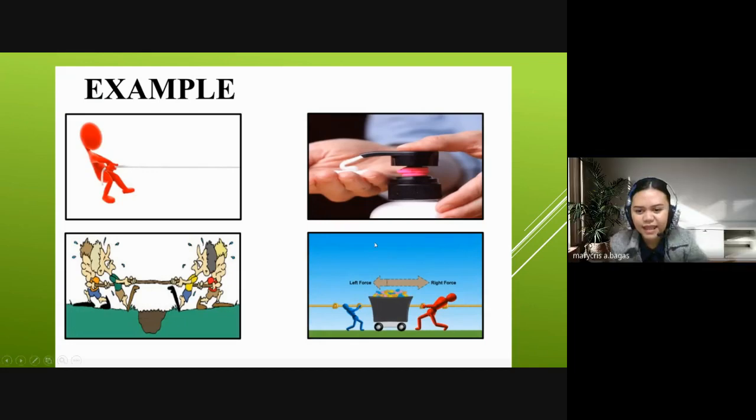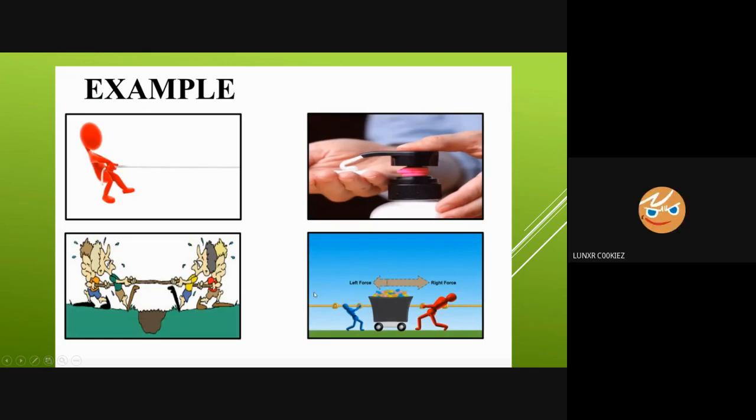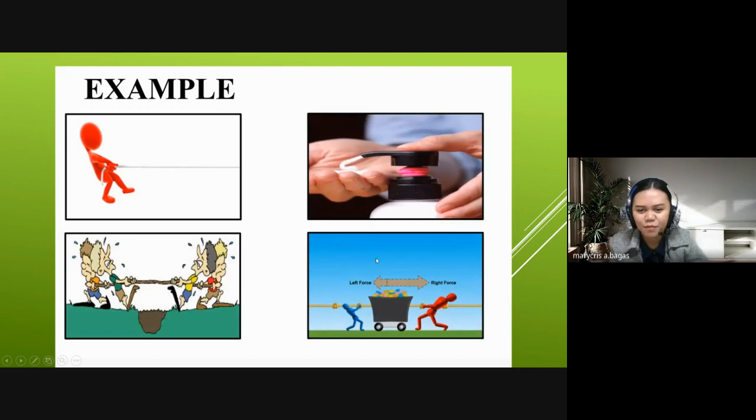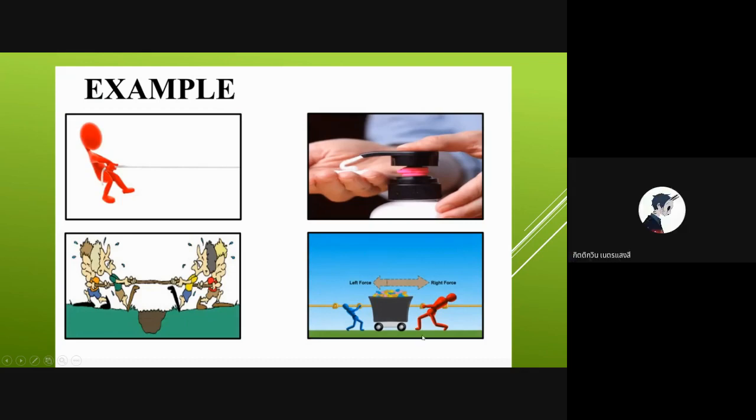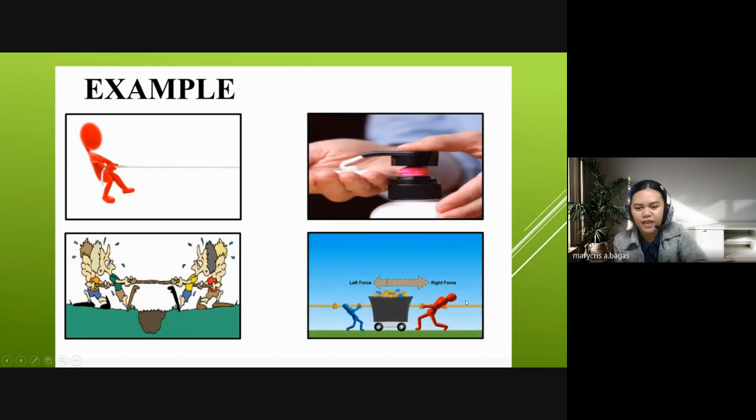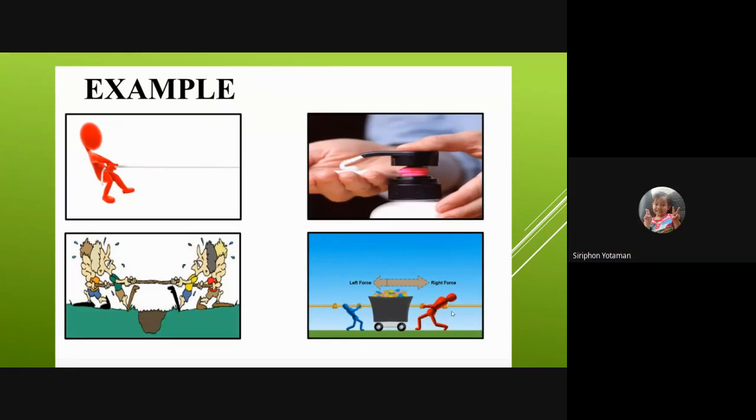And then the last picture, tug of war. What do you think, push or pull? Pull. Look at the left side, the blue person, and the right side, the red person. Who do you think exerts greater force, the blue or the red? Red.